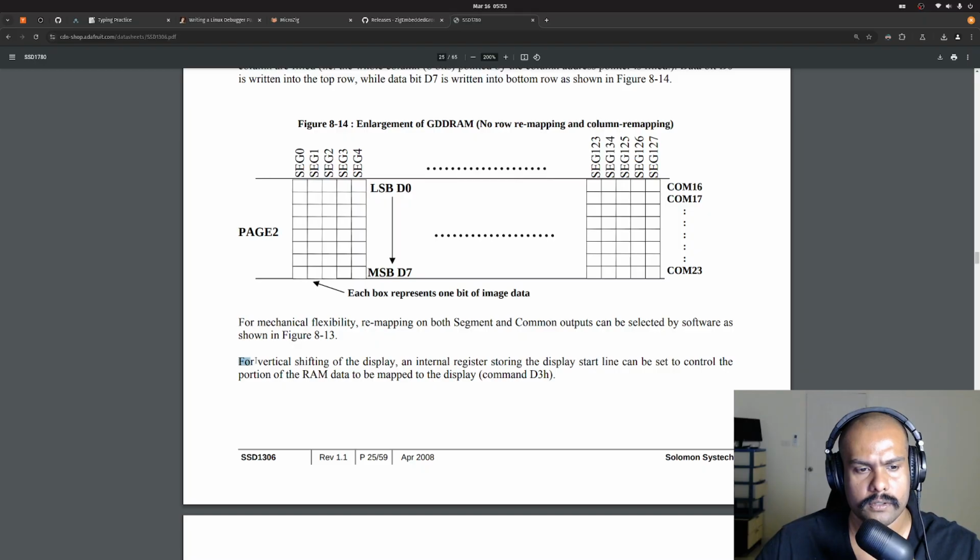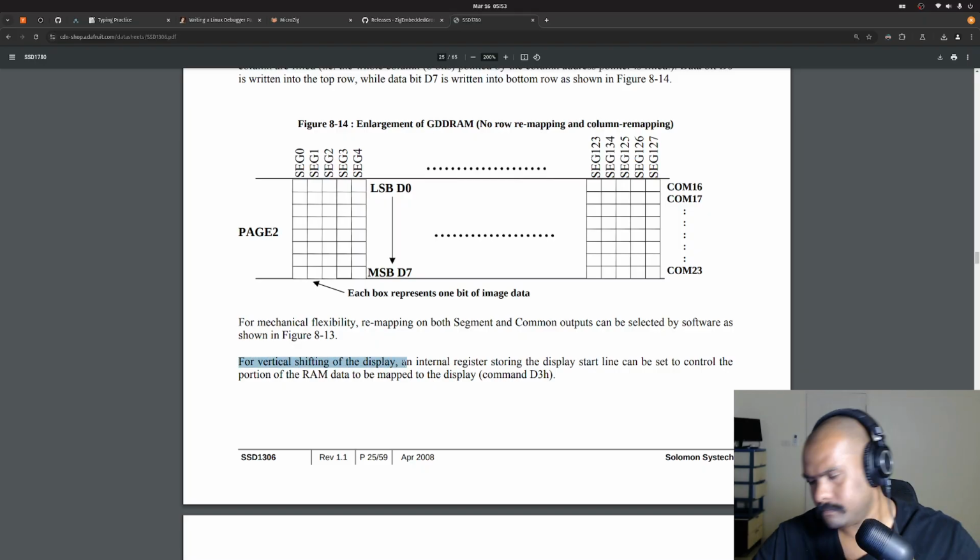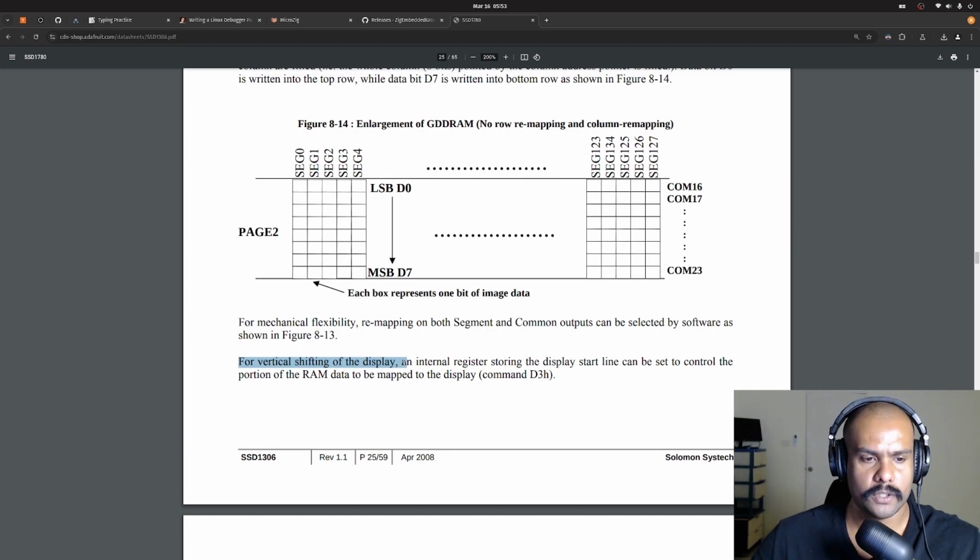For vertical shifting of the display, the internal register storing the display start line can be set to the control portion of the RAM to be mapped to the display.